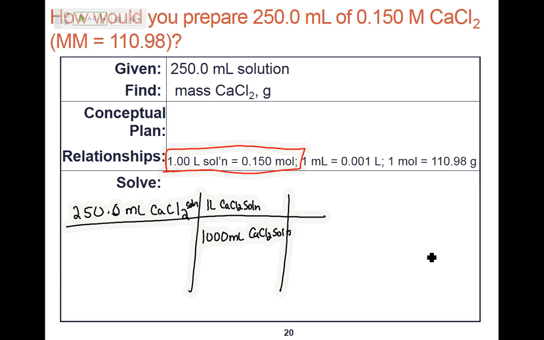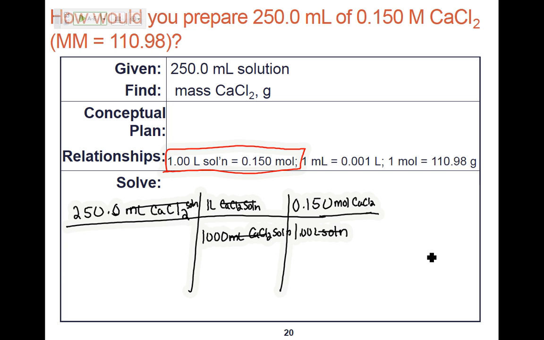Now that we have this in liters, we can use our relationship of molarity. What we know is for every liter of solution, so that'll be at the bottom, I have 0.150 moles of calcium chloride. So this will give me how many moles of calcium chloride I have to dilute to 250 milliliters.